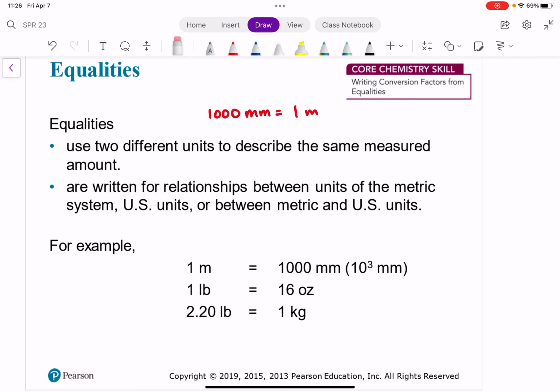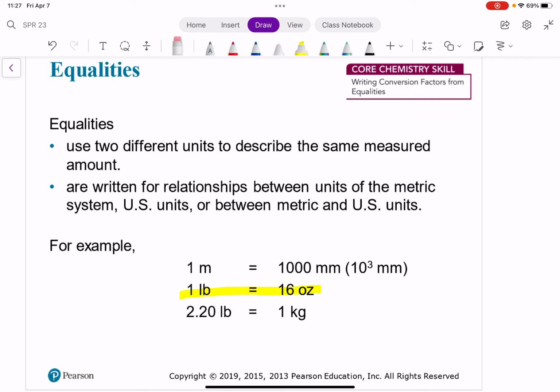All right, and then equalities are written for relationships between units of the metric system, US units, or between metric and US units. So that's just saying you can convert between different metric units, which I've just done here, right? You can also use equalities to convert between different US units.